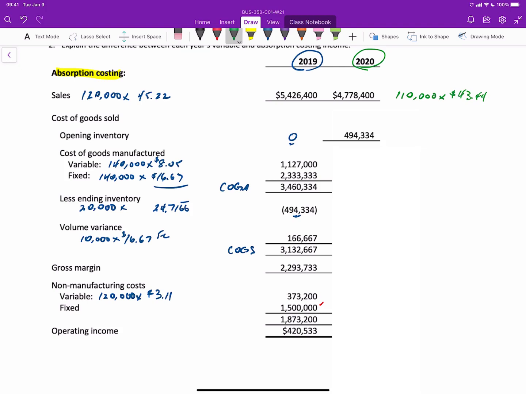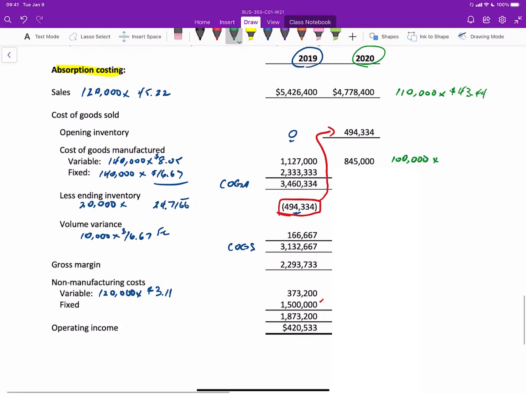And then our cost of goods calculation starts with beginning inventory. Now we know that the beginning inventory of one period comes from the ending inventory of the previous period. So we start with $494,334. And then our cost of goods manufactured would be calculated on both the variable and the fixed manufacturing costs. So the variable cost is based on production of 100,000 units, and the variable cost for production in the second year is $8.45.